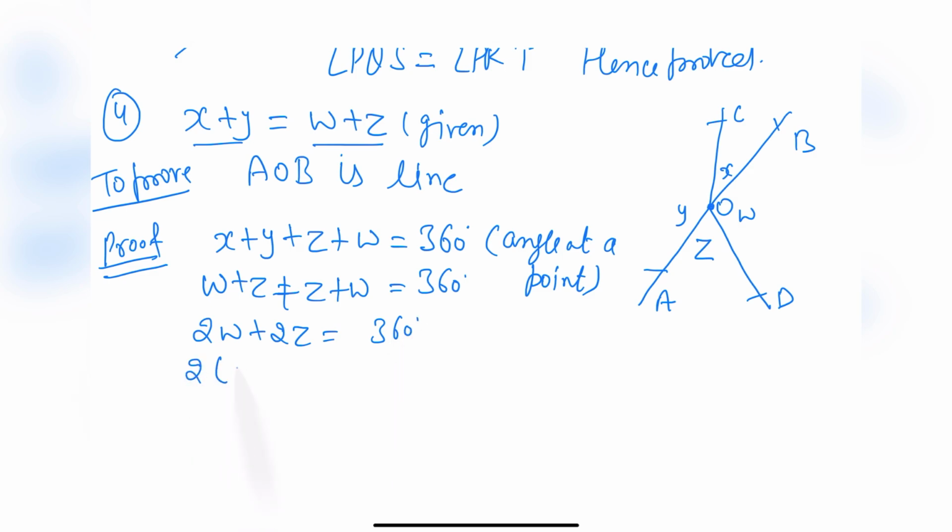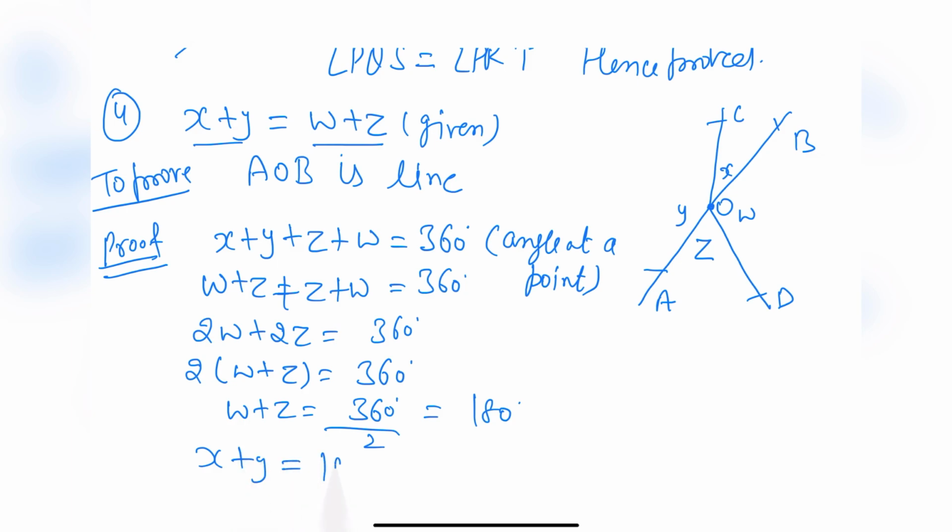Taking out common 2, W plus Z is equal to 360 by 2, which is equal to 180 degrees. Because W plus Z is equal to X plus Y, X plus Y is also 180 degrees. So we can say that AOB is a line. So our answer is proved. We can write here, hence proved.